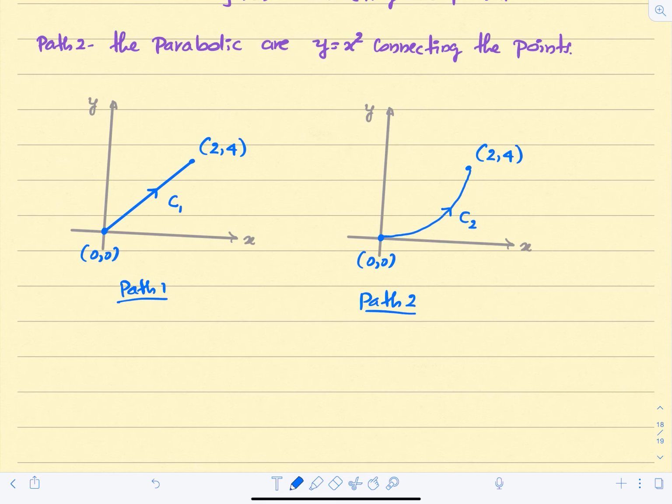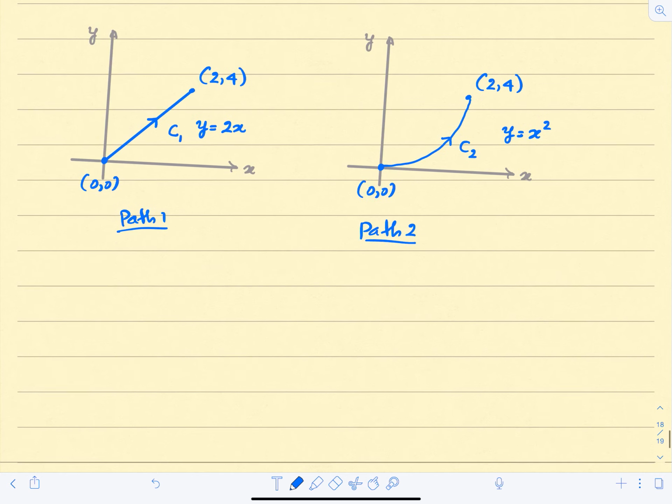This is your C2. The equation of this parabola is y equals x squared. And the equation of this straight line should be y equals 2x, because the slope of this line is 2 and it goes through the origin.